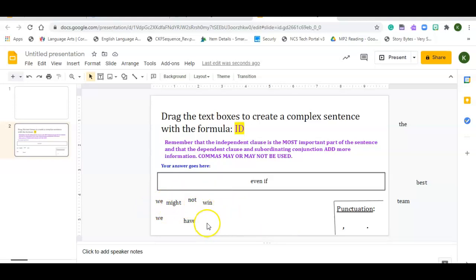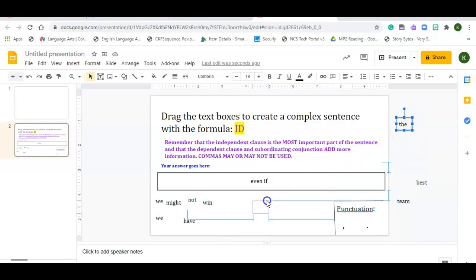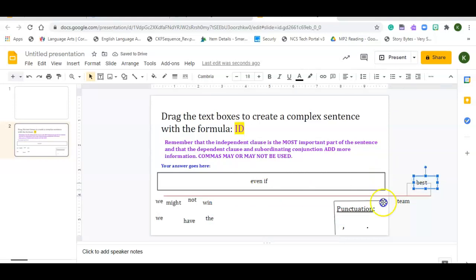None of those things fit. So they have to fit on the second part, right? So we have best, we have team. You have to figure out what logical order they should go in. And obviously the logical order is we have the best team.